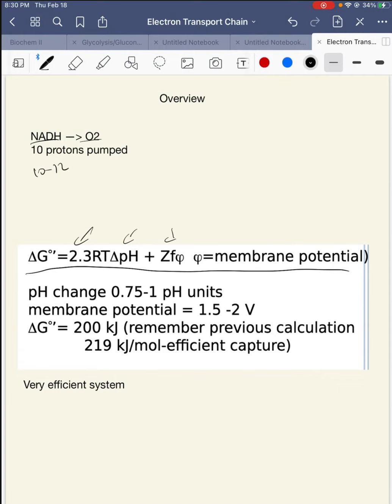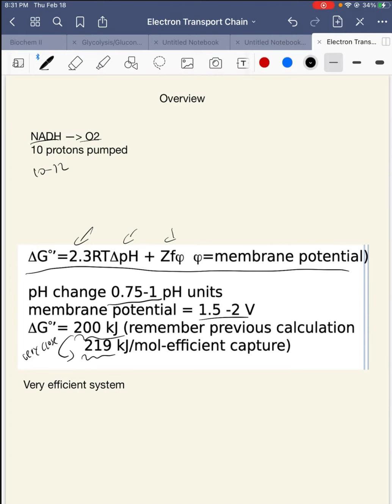The pH changes from 0.71 to 1 pH unit. Voltage changes from 1.5 to 2 volts. And then when we calculate it, we'll get around 200 kilojoules. Remember we did the calculation at the beginning and we got 219 kilojoules. So this is very close. So the electron transport chain is actually very efficient in terms of conserving the energy when it transfers the protons across the different complexes. So it's a very efficient system.